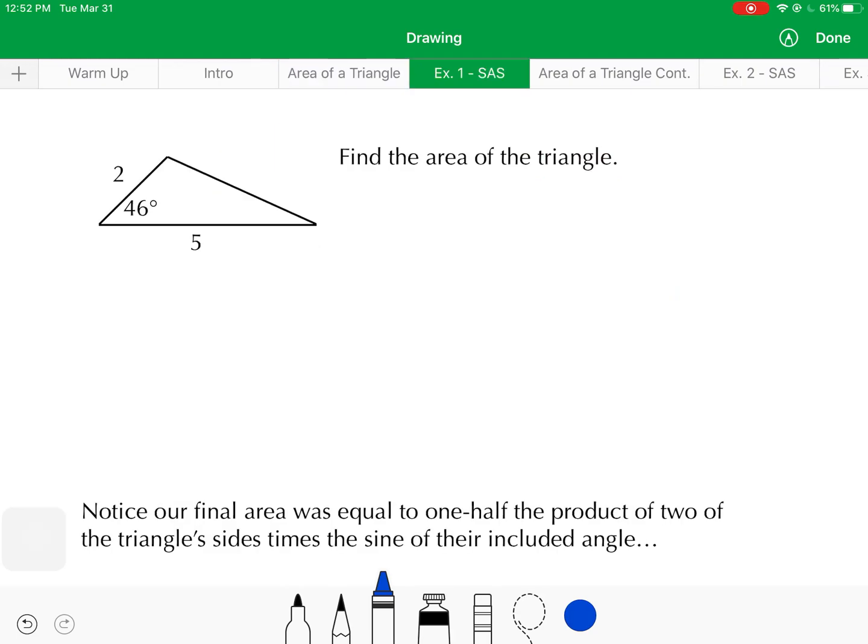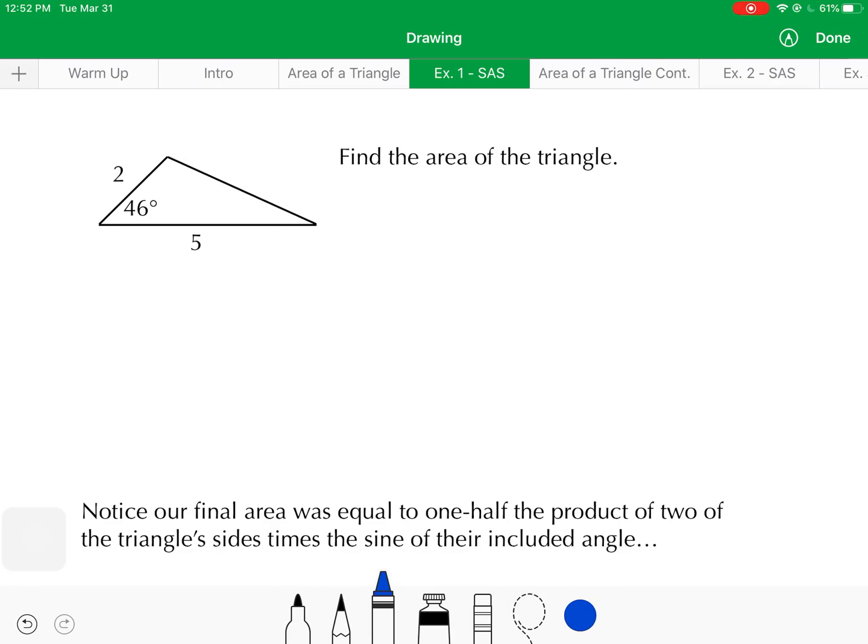Notice I have an oblique triangle here where I'm given 2 sides and an included angle. So this is a side angle side situation, and I'm asked to find the area of the triangle. Common mistake, sometimes students just take 1/2 multiplied by 2 multiplied by 5 here, where they think of 2 and 5 as the base and the height.